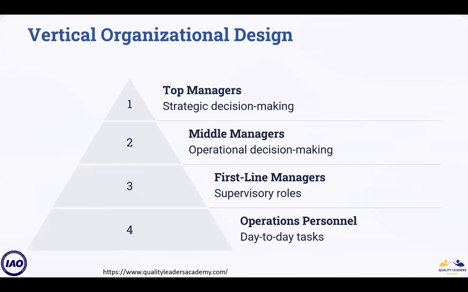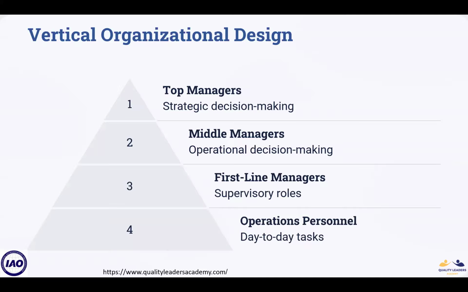Now, there are two types of organizational designs. One is vertical and another is horizontal. Okay, so here in this picture, you are seeing a vertical hierarchical model. It's a classic pyramid structure: top managers, middle managers, frontline managers, and operational managers. What do top managers do? They set strategy. Middle managers translate that into operations, and then frontline managers supervise day-to-day work.